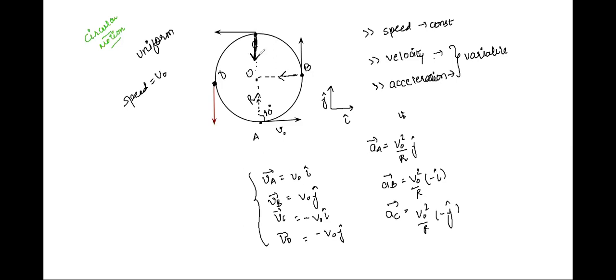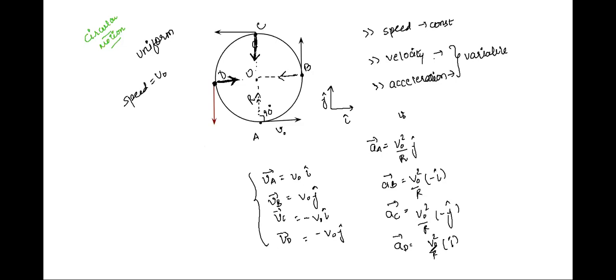At D, the centripetal acceleration is V naught square by R times I cap, along the positive x-axis.